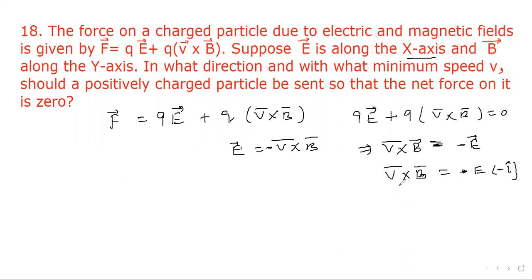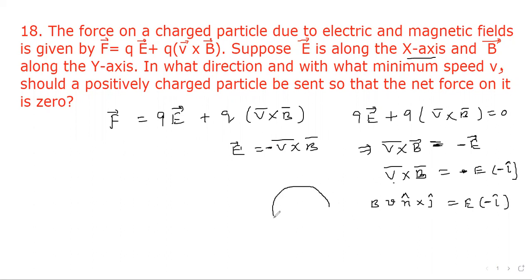Now, this can be written as, suppose, in magnitude V times a vector n cap, and for B, we write magnitude B, and then since B is given along y-axis, we write j cap, equal to E times minus i cap.